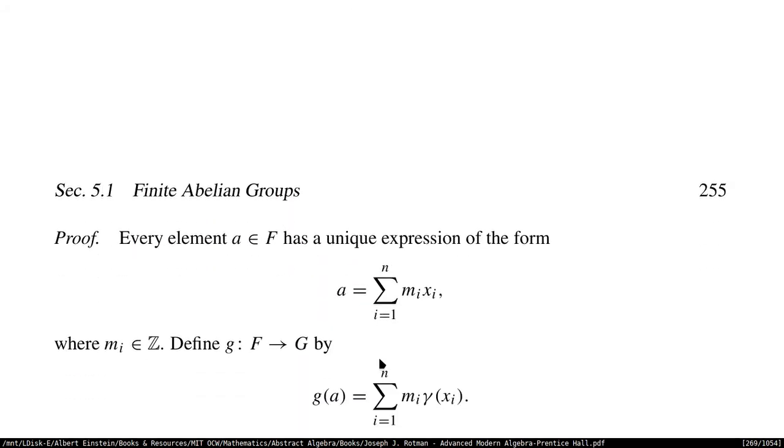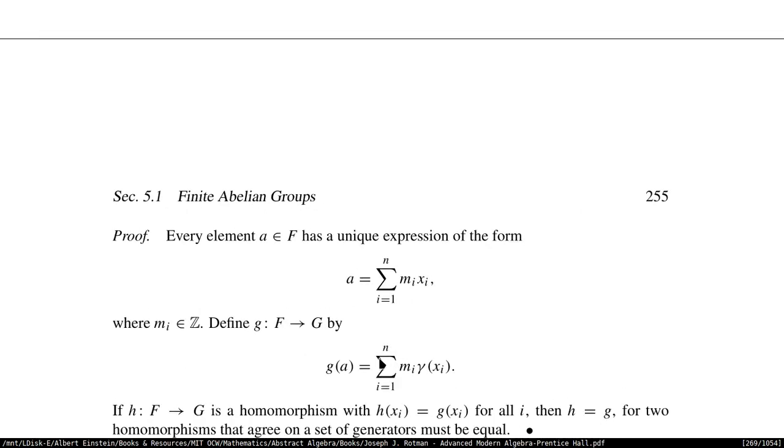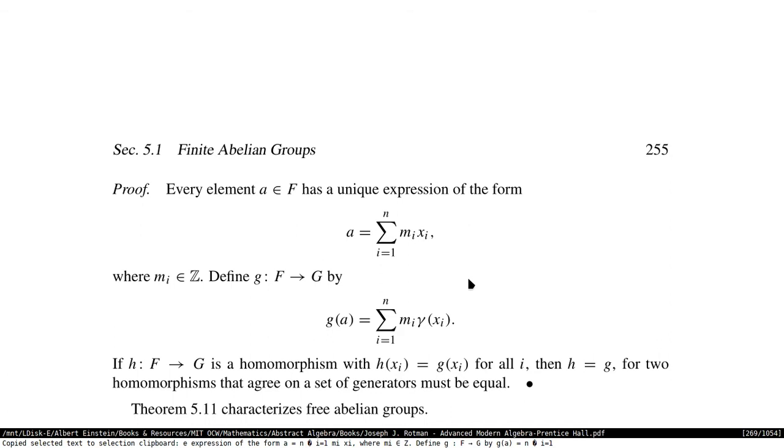The proof is kind of long. You take an element from the free abelian group. By definition of the free abelian group, it can be expressed uniquely as a summation, a linear combination, pretty much just like in the case of vector spaces.